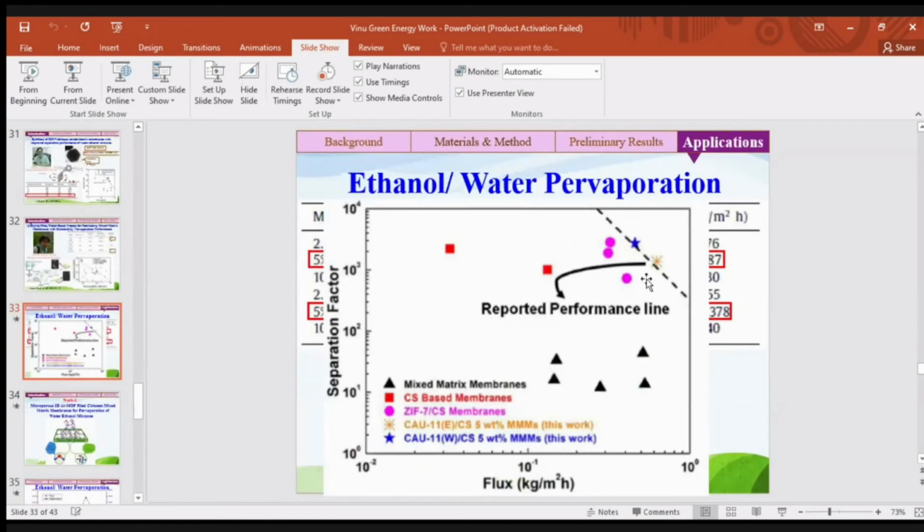Here we got more than the other materials, even the mixed matrix membranes, CS-based membranes, even ZIF. These are the traditionally used materials. When you look at the borderline, we crossed the borderline compared to the other traditional materials. This is the first time we got good results compared with the other traditional materials for water ethanol separations.